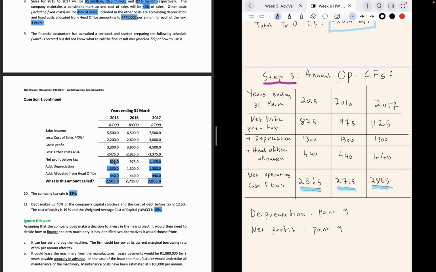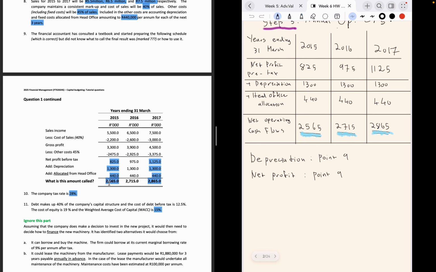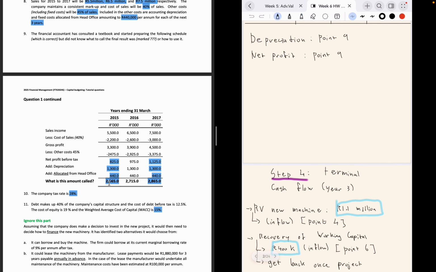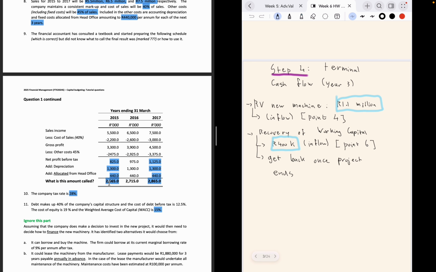It's 1,300. I'm assuming this is in thousands. So when I say 1,300, that means 1.3 million. 440 means 440,000. And so they also do calculate for us the net operating cash flows. So that's the third step, calculate the annual operating cash flows. And you guys know where to find it. I'm assuming you also have this open, the PDF of the question.